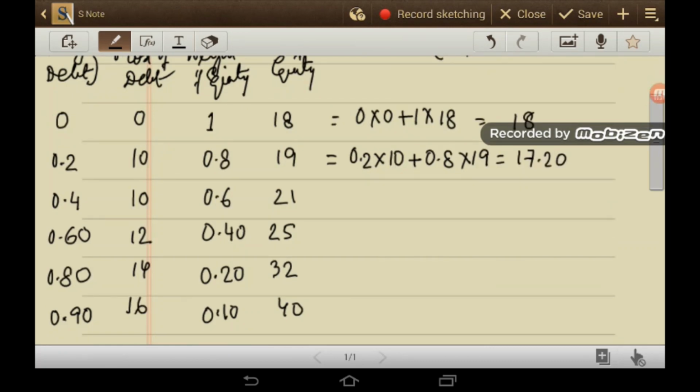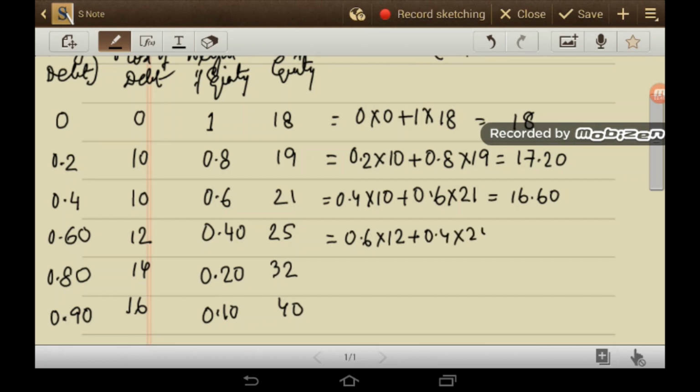Next is 17.2. Then the third one will be 0.4 into 10 plus 0.6 into 21. So this will give you 16.60. Then 0.6 into 12 plus 0.4 into 25.